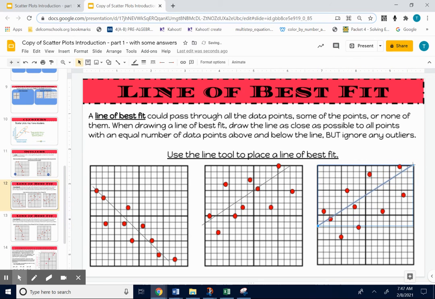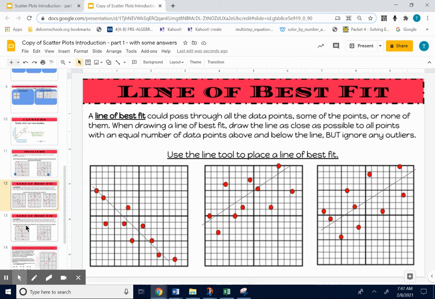Maybe about like that. Maybe I should bring that down a little more. It's hard to say, so to check these, just know in your mind: does it look like it's going through the middle? Does it look like there's about the same number of points above the line as below the line?